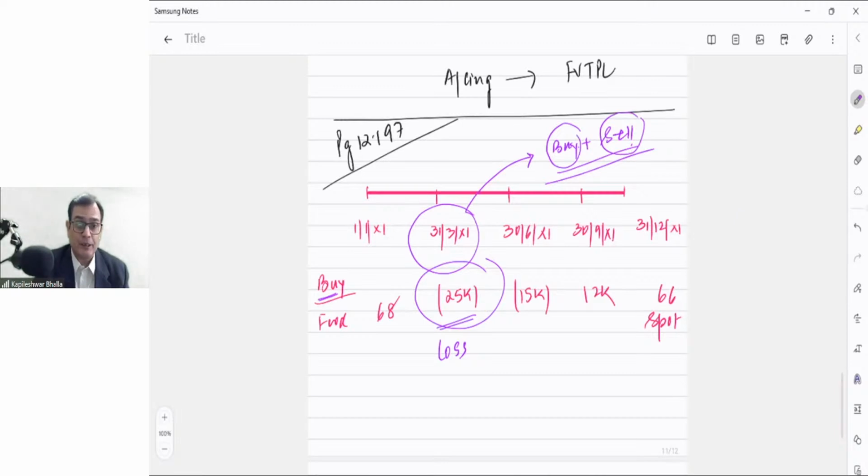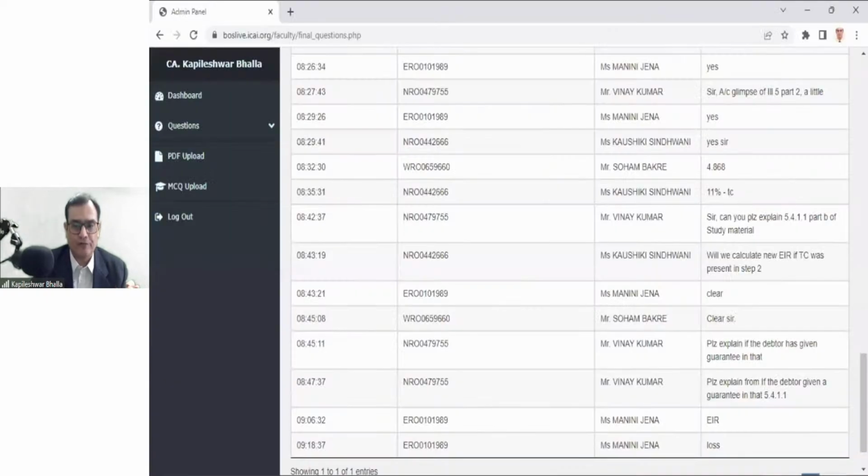When you entered into the forward contract on 1st January, you looked at the forward rate expiring on 31st December. Then on 31st March, you would ask yourself, if you were to enter into a forward contract expiring on the same maturity date, that is December X1, what is the rate at which we can sell? He gives me the figure of 25,000 rupees loss, which indicates that you're buying at a high rate and selling at a low rate. So there is a loss arising on squaring off.